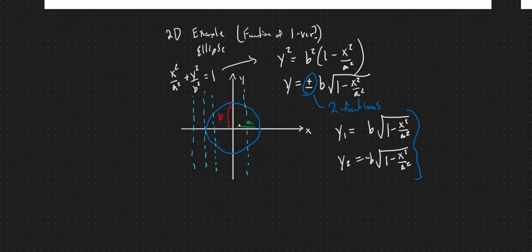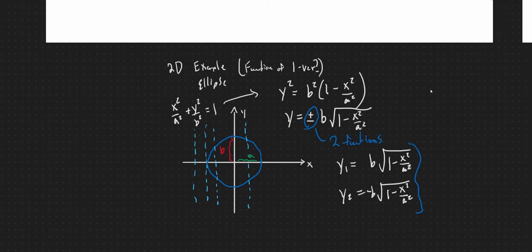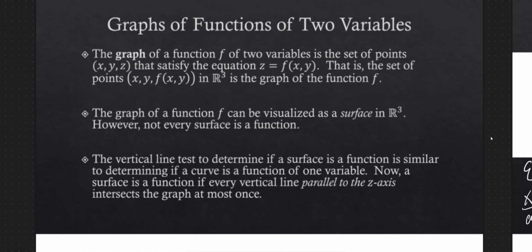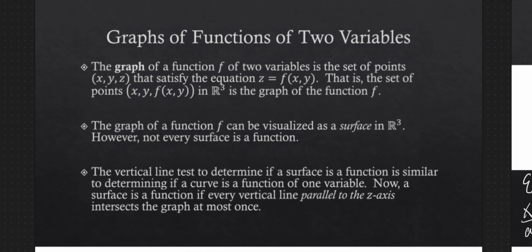Right, so just recall how we did this in 2 dimensions for functions of one variable, and now we're going to extend to 3 dimensions. While we had the vertical line test in the example we just saw, really what was going on is we were looking at lines that were parallel to the y-axis.